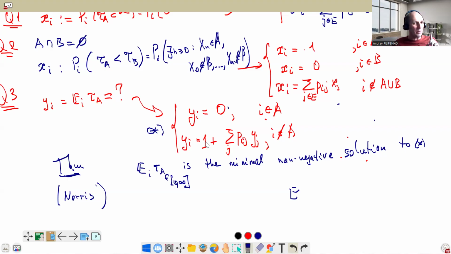So the minimum solution exists, it is attained. And minimal means that if y is one solution and z is another solution, then y is minimal if for all i, yi is less than or equal to zi. And it appears that a minimal solution exists.